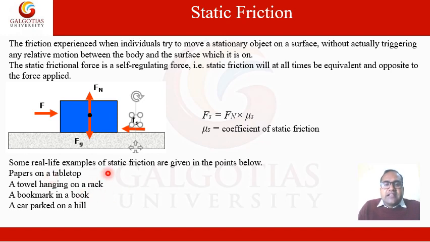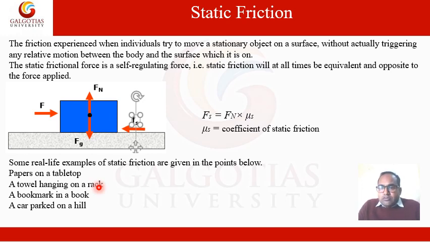Now some real-life examples of static friction are given. Paper on a table board, that is, paper or a paper board placed on a table top. The next one is a towel hanging on a rack.